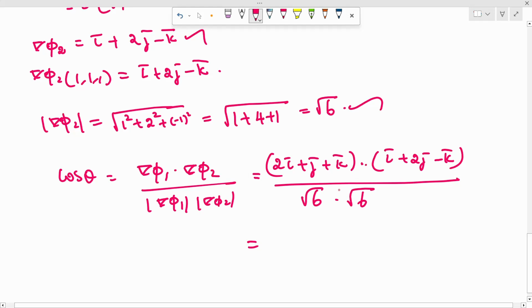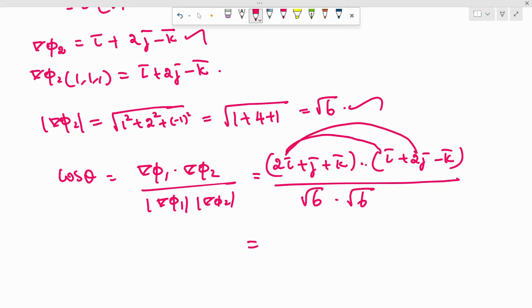Taking the dot product of these two equations, we can write this. First we multiply this into this, and this into this. 2i into I will be 2 because I dot I value is 1. But 2i into 2j will be 0 because I dot j is 0, and 2i into minus k is also 0 because I dot k is 0.